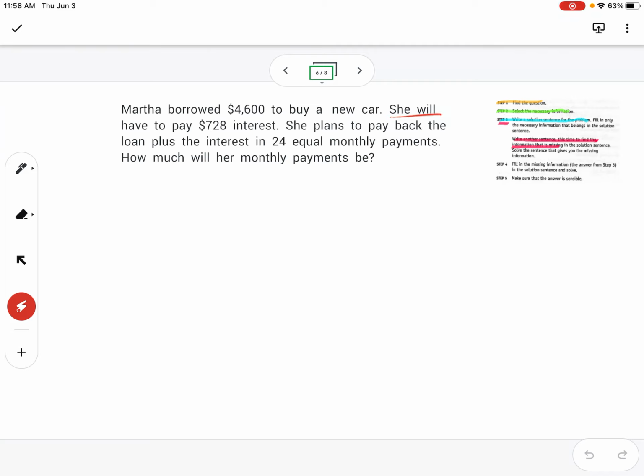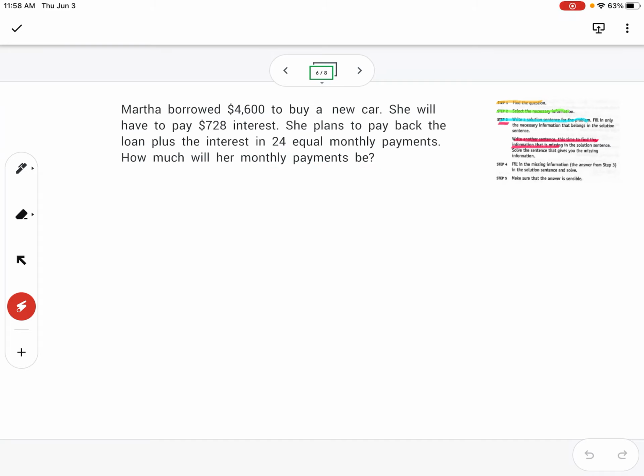So this says she will have to pay that much interest on this money that she's borrowed. She plans to pay back the loan plus, really important word, plus the interest in 24 equal monthly payments. Monthly payments that are equal, 24 of those. How much will her monthly payments be?